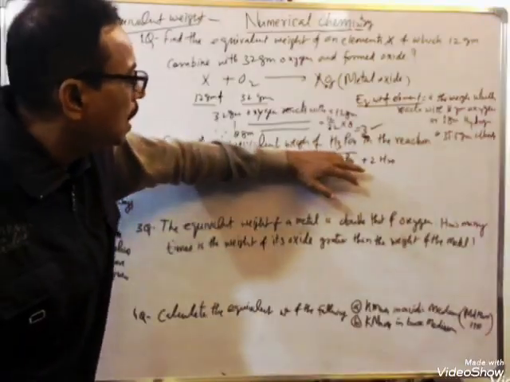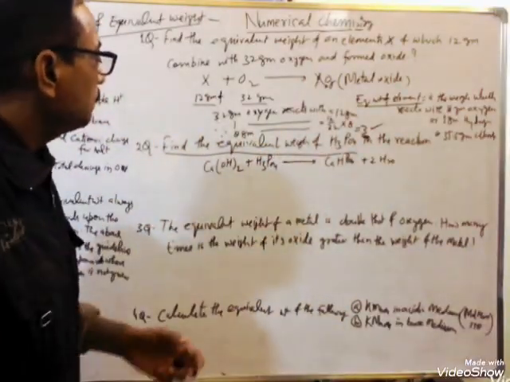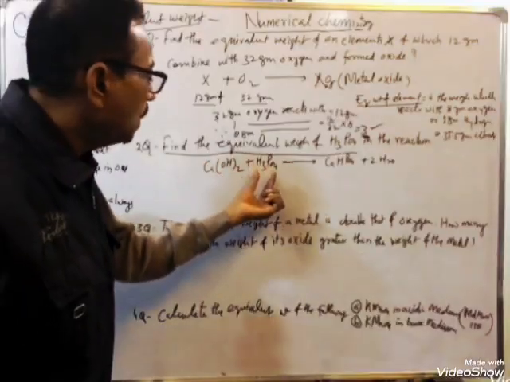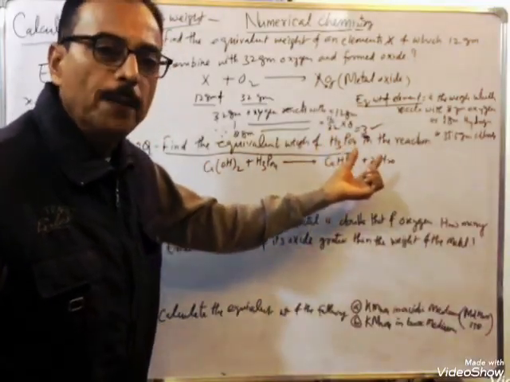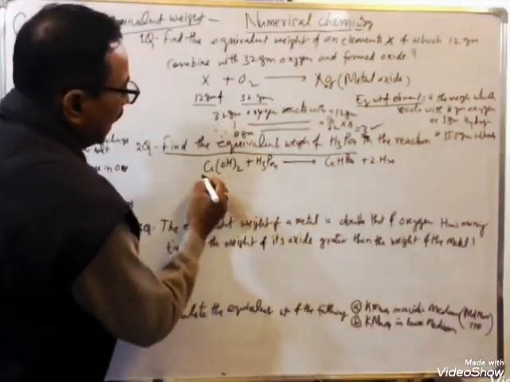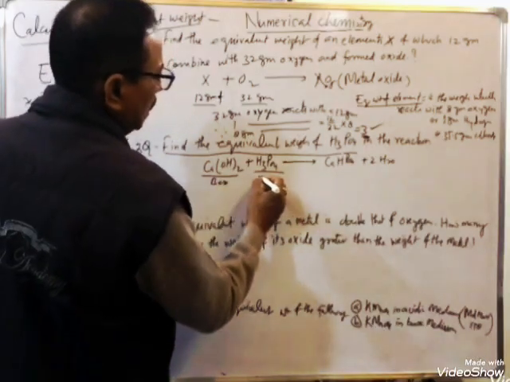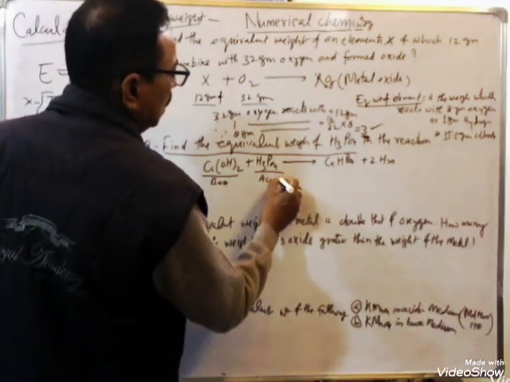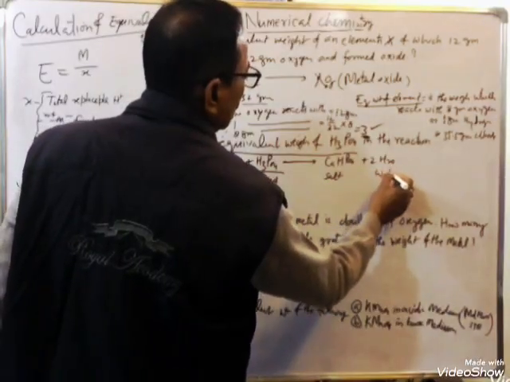If the reaction is not given, that is the case. Here the reaction is given, it means how much hydrogen ion is replaced in this reaction is the value of x. So here we look. This is calcium hydroxide, a base, which reacts with acid, this is the acid, and forms salt and water.